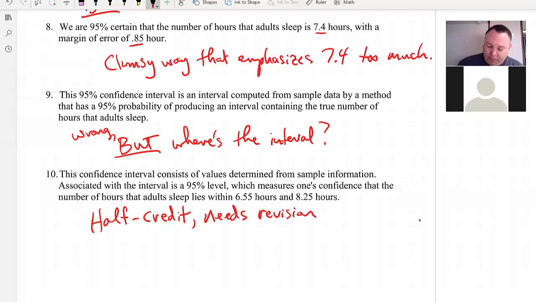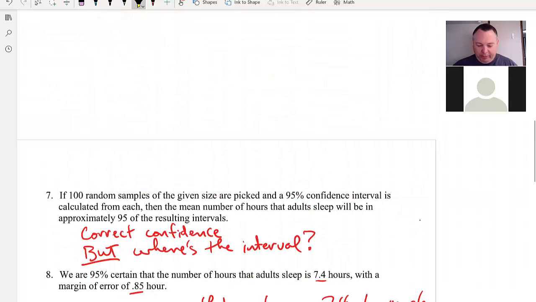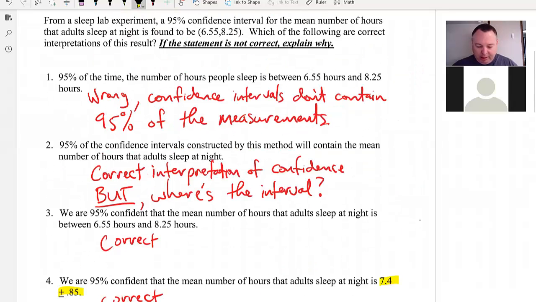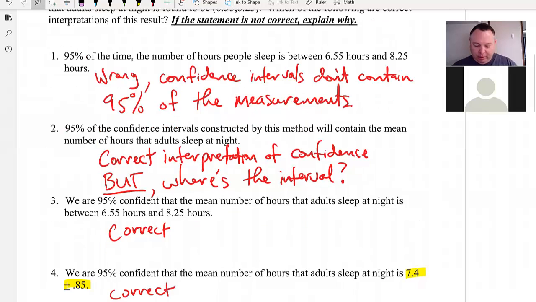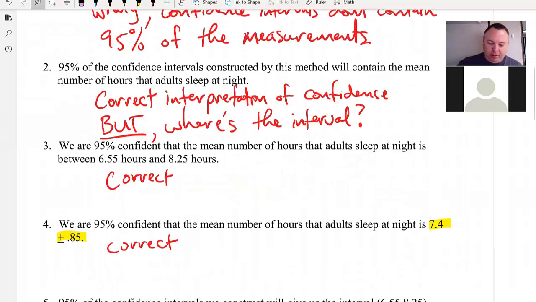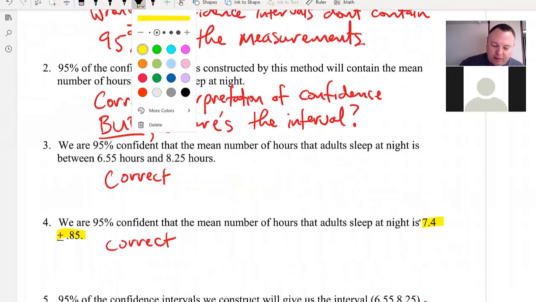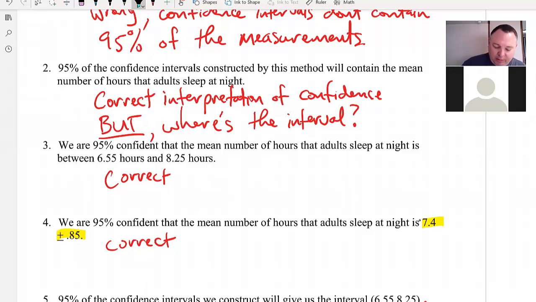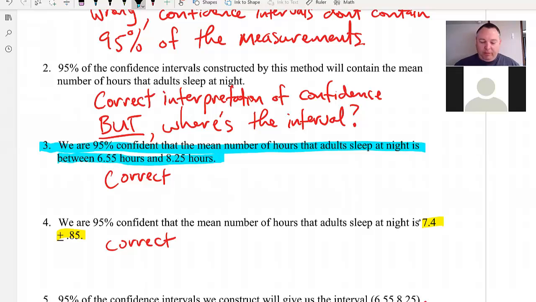Now you can avoid this whole problem if you look at the ones that were correct. In fact, I would say stick to number 3. Number 3 is the best of the bunch. This is really what we mean when we're talking about confidence intervals. So all you've got to do is remember there's 3 things you need to fill in.